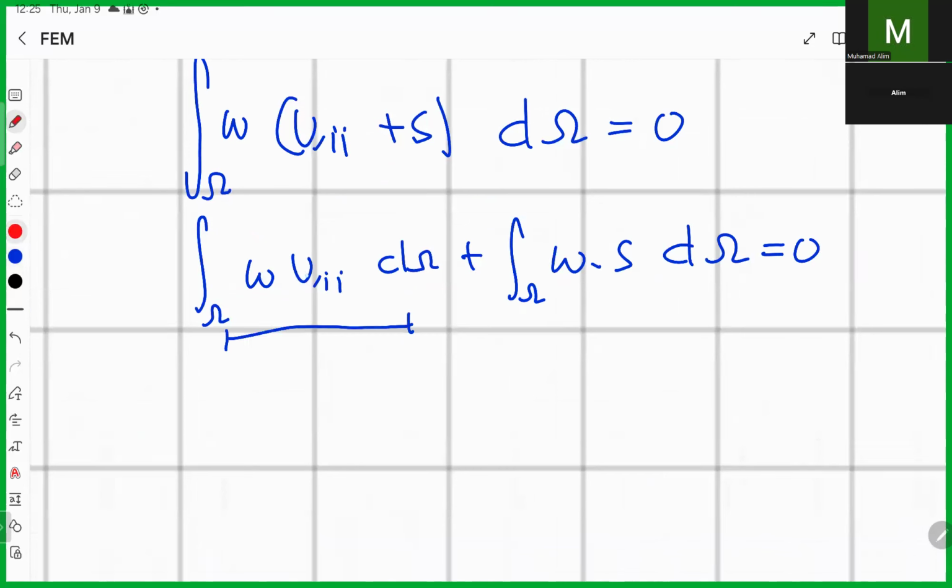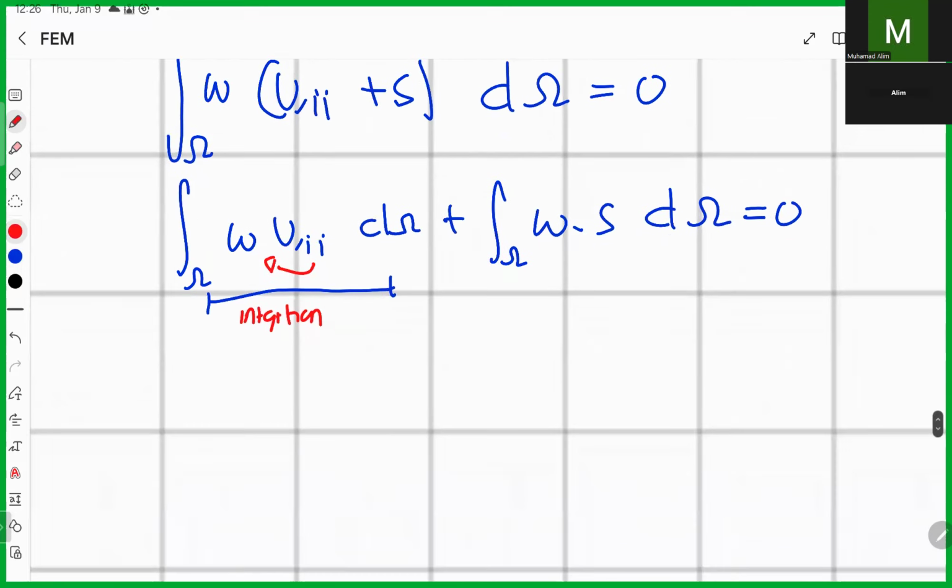Essentially, integration by parts means we want to move these derivatives to the weight function. So that's what we want to do. Integration by parts here can be calculated as follows.